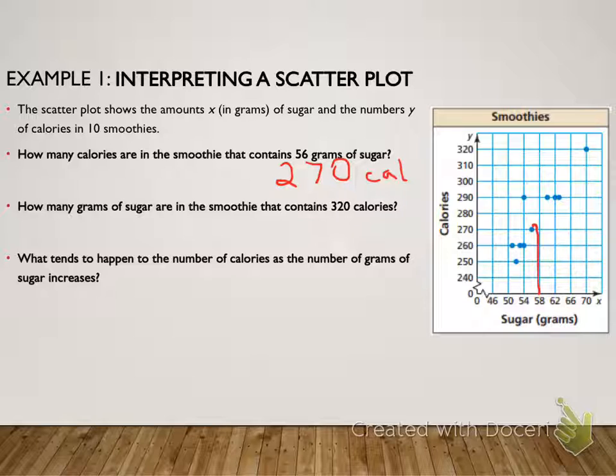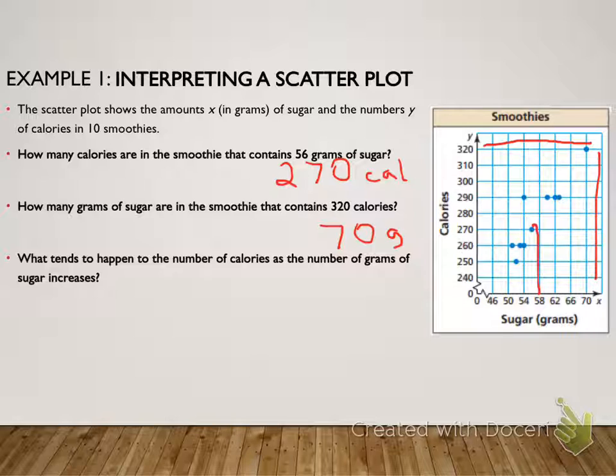Now, how many grams of sugar are in the smoothie that contains 320 calories? Well, you're going to come over here to the 320, look down, and it's going to be 70 grams of sugar. Now, what tends to happen to the number of calories as the number of grams of sugar increases?